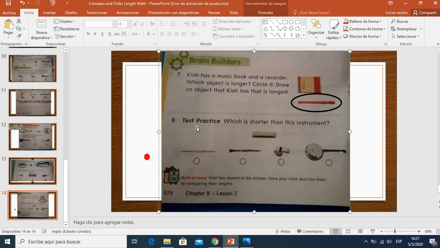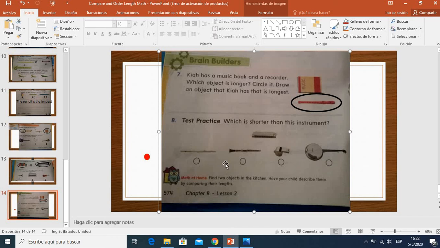Which is shorter than this instrument? I don't know how they call it in English, but this instrument in Spanish is called armónica. Okay? I don't remember how they call it in English, but in Spanish it's armónica. All right? So we have 4 more musical instruments at the bottom.